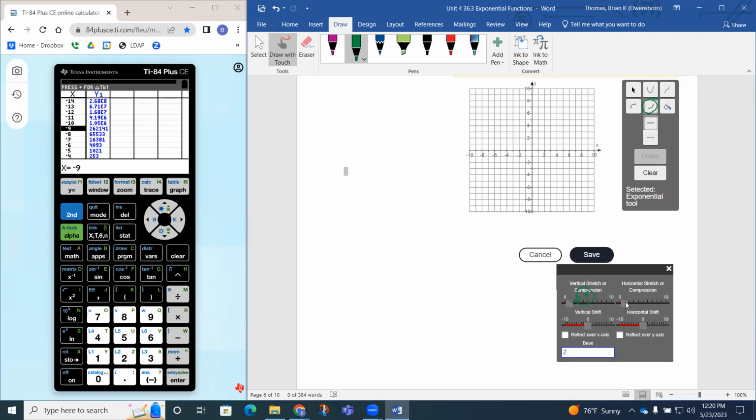And then there wasn't a horizontal compression because there's nothing on the inside. There weren't any shifts. That stays at 0. That stays at 0. But there was a reflection over the y-axis, so that needs to be checked. When you do so, the graph should still be at 0, 1. That piece did not change. The asymptote would still be here.